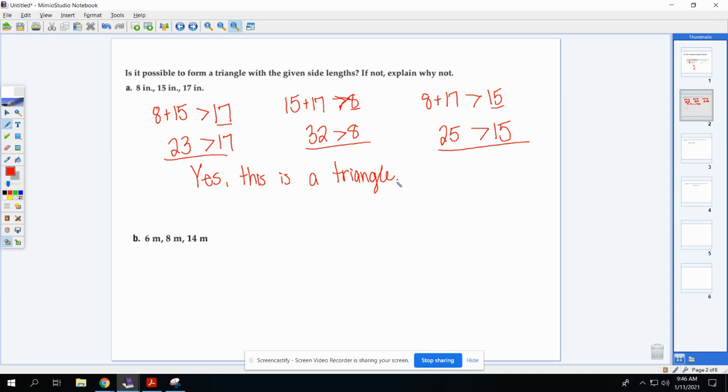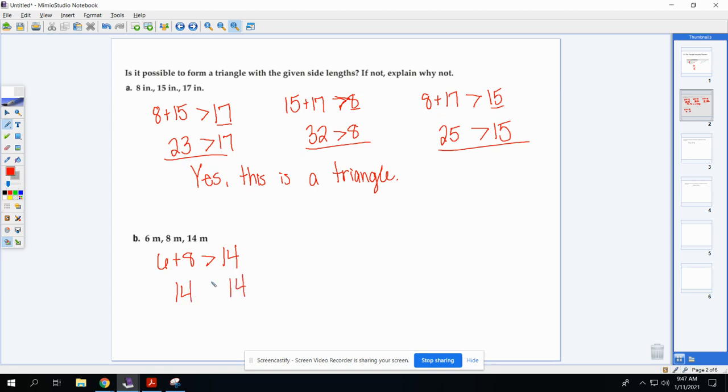Now let's take a look at our second example. We've got B. We're trying to do the same thing here. Is it possible to form a triangle with side lengths 6, 8, and 14? We do the same exact thing. We start off by saying 6 plus 8, we hope, is greater than 14. When we actually do this out, we get 14.